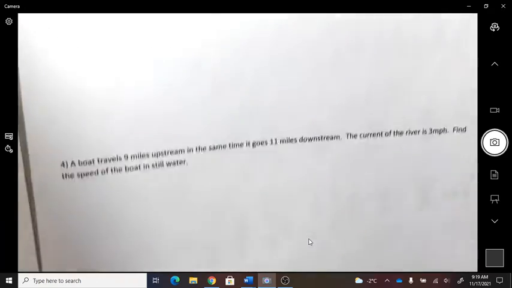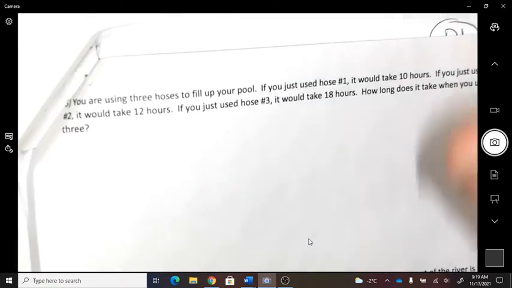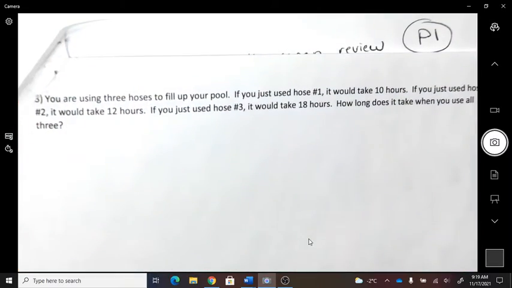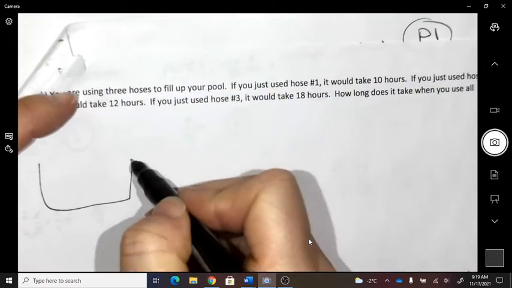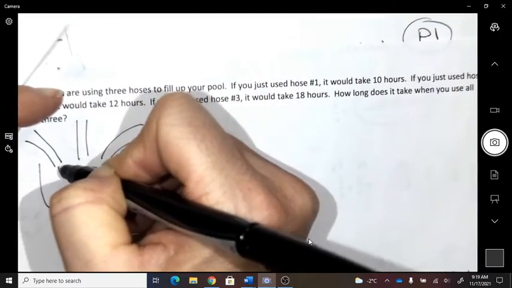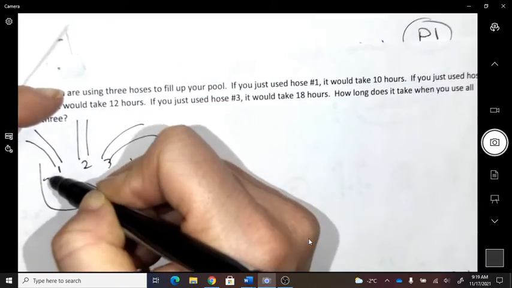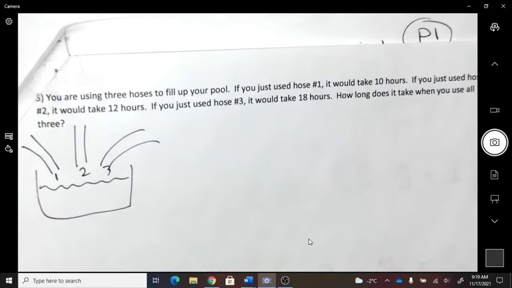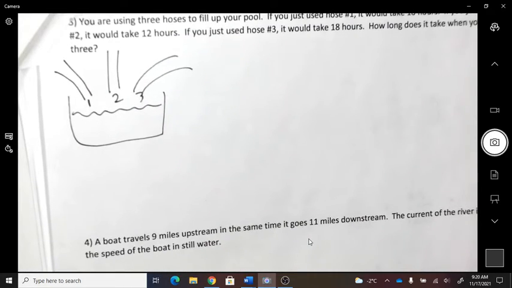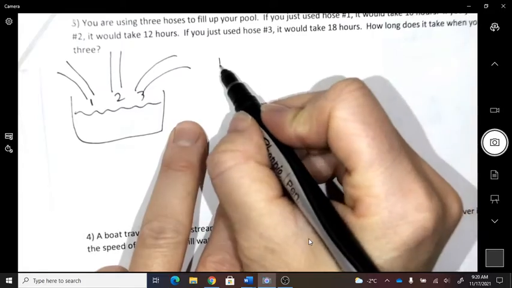Okay, number 3. We're filling up a pool and we're using 3 hoses to fill up the pool. So that's what's going on. We're using 3 hoses and we're trying to fill up the pool. Okay, so this is a time and rate question here.